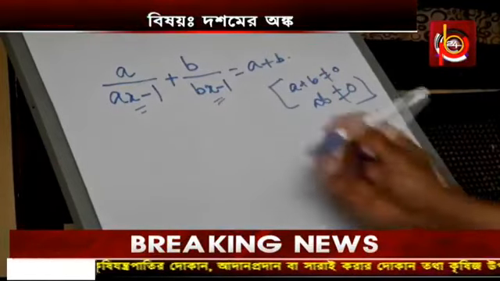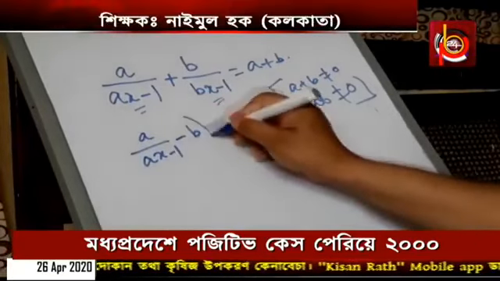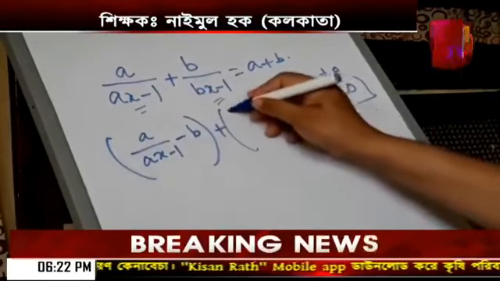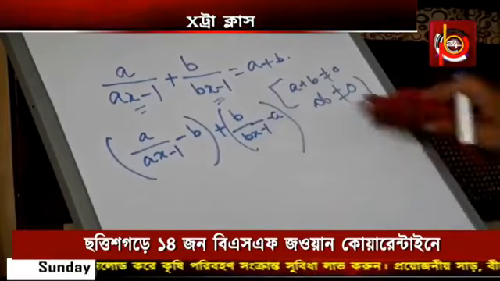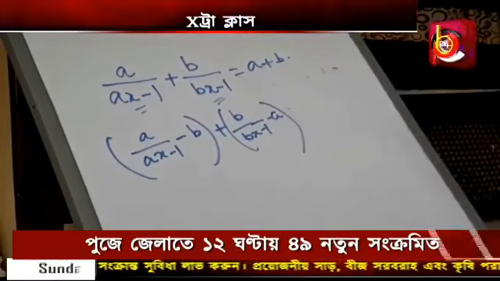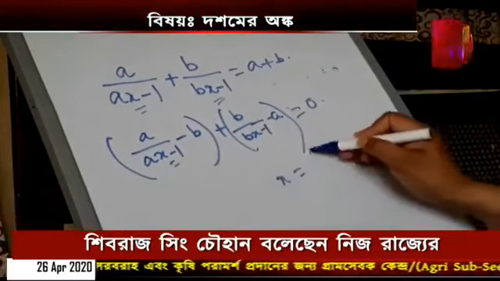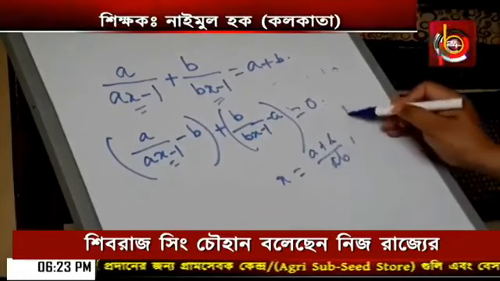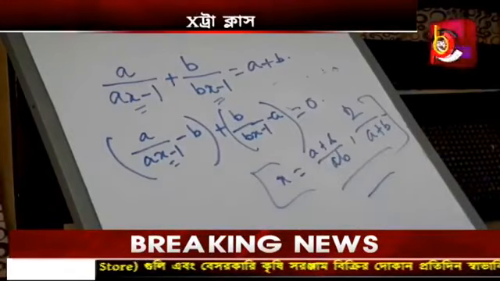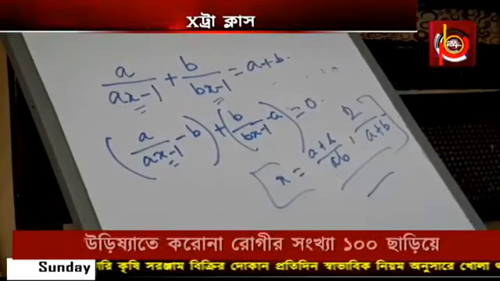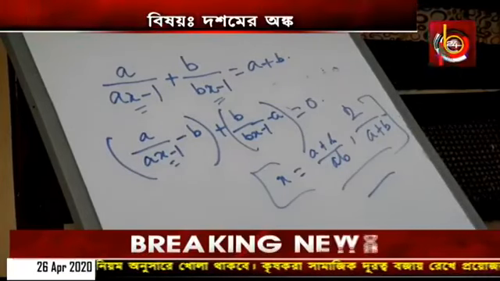I will not solve the problem totally. Equals to 0, and you will get from there x equals to (a plus b) by ab and 2 by (a plus b). These will be the answers, right? So in that way we can see many problems which frequently come in the boards.